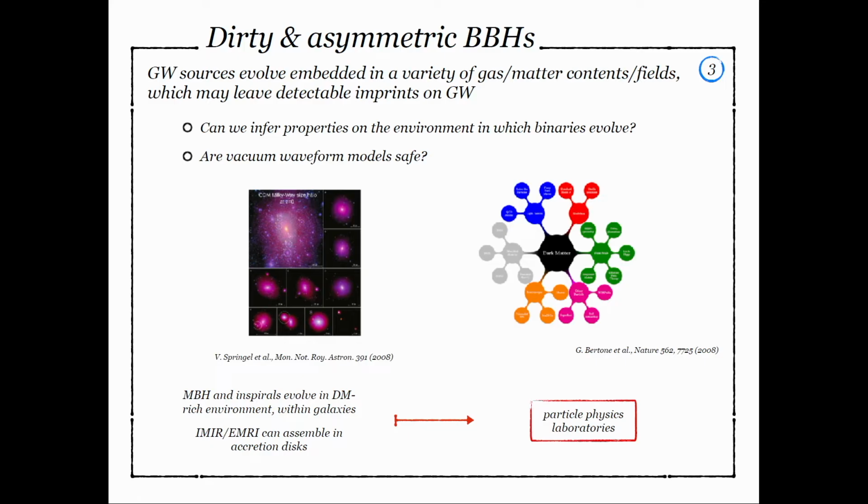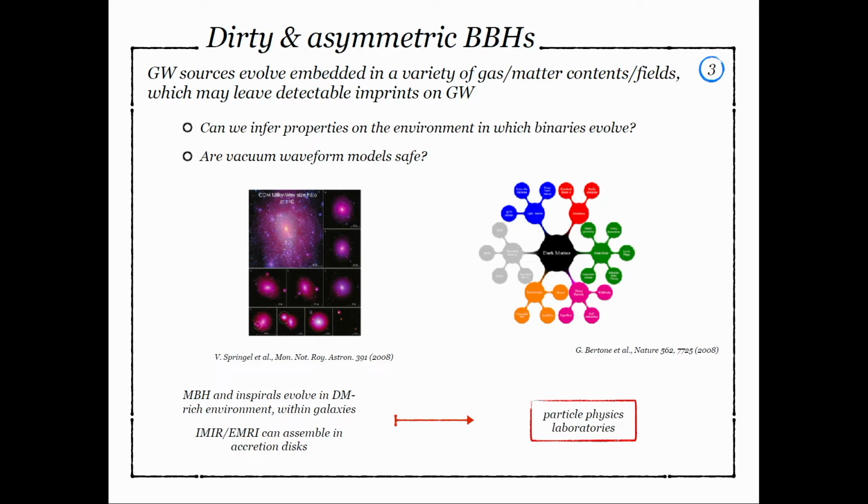All this tells you that they evolve and emit the inspiral in an arena where the signals emitted could be very strongly affected by the surroundings, turning gravitational waves into particle physics laboratories.